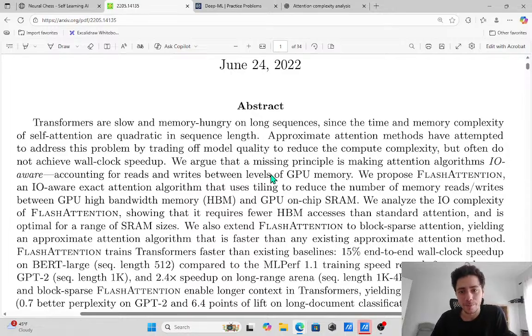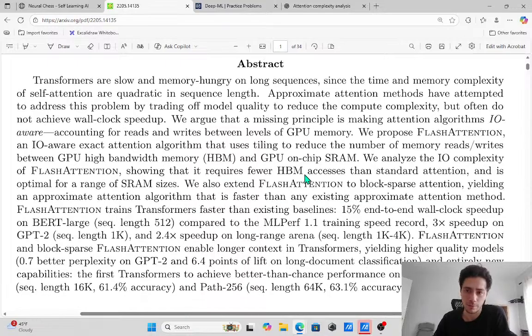Let's see. We're recording reads and writes between levels of GPU memory. So my understanding is that there's an issue with how the GPU is communicating the reads and writes. Let's read on, and I'll know if I'm right or wrong later on.